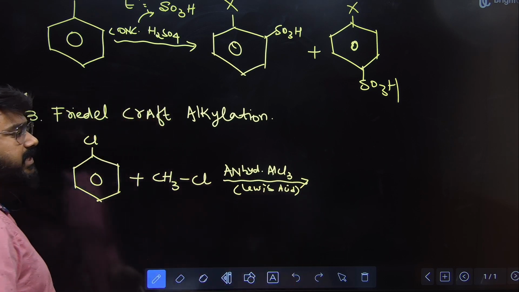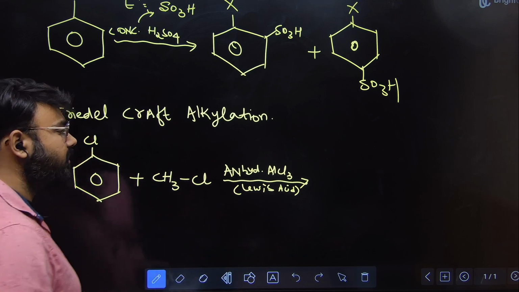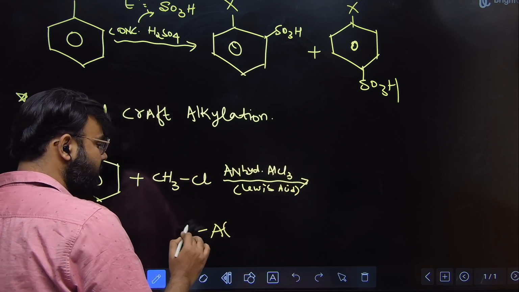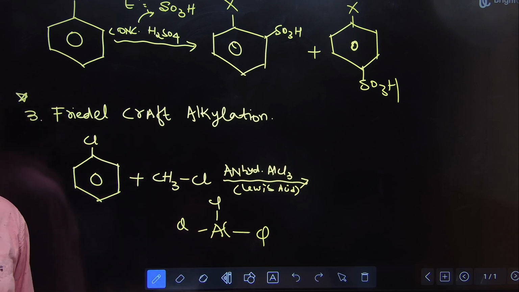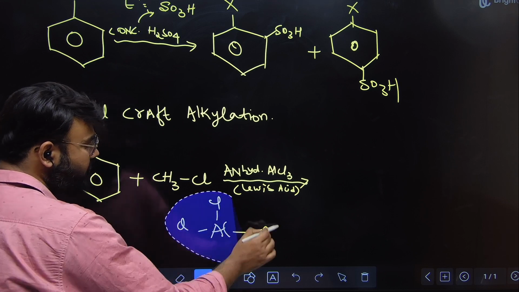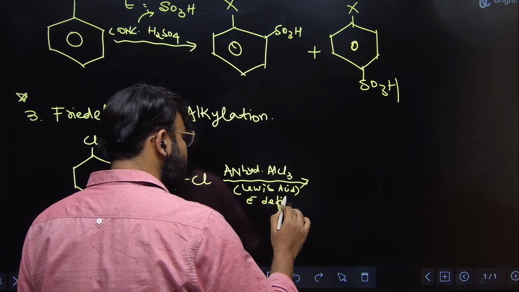What do you mean by Lewis acid? It means its octet is not complete. It's an electron deficient species, okay? If you look at the structure of AlCl3, see the central atom has octet not complete. It's electron deficient, right? Lewis acid means electron deficient.